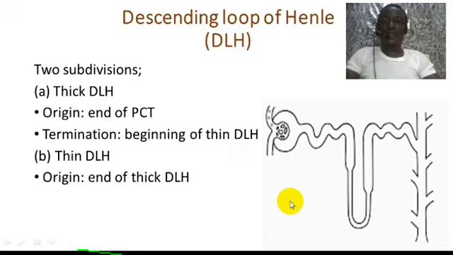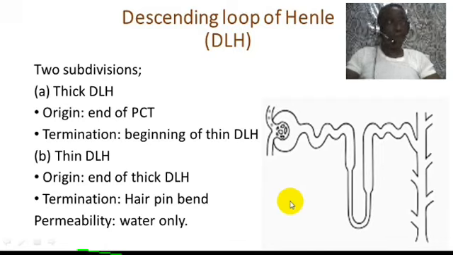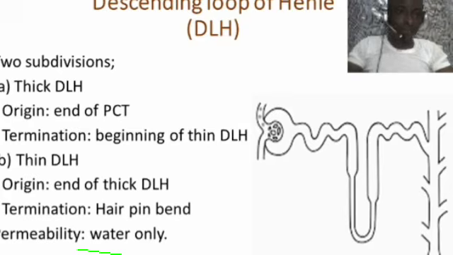It takes its origin at the end of the thick descending loop and terminates at the hairpin bend. The descending loop of Henle is permeable to only water. It therefore means water can diffuse out of this part of the nephron freely, but solutes cannot. Just to demonstrate, from here to here forms the thick descending loop of Henle.